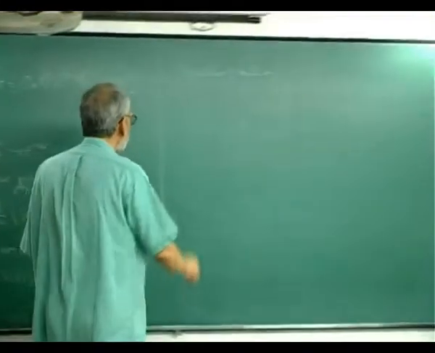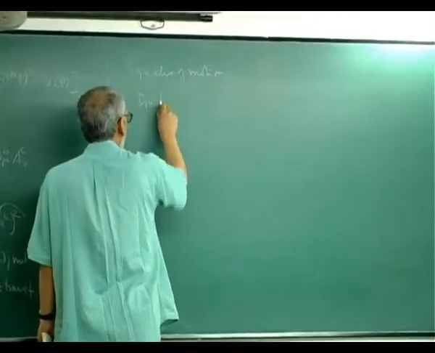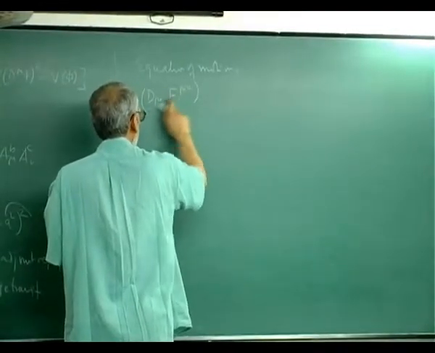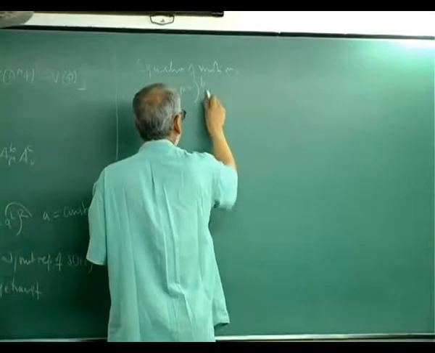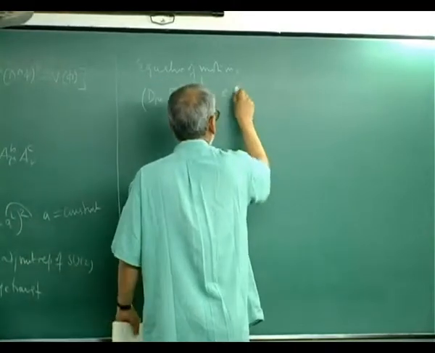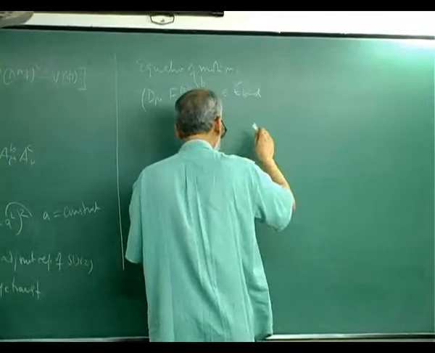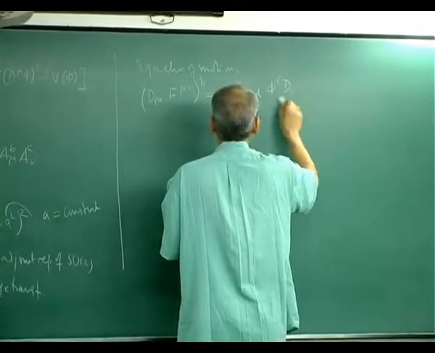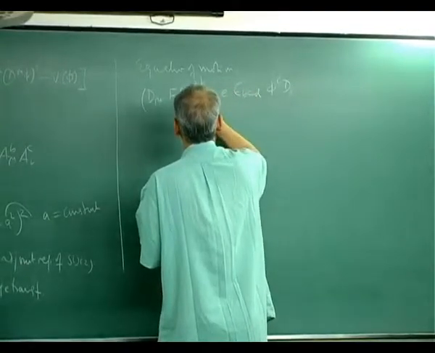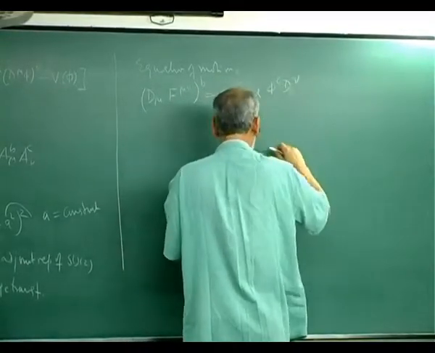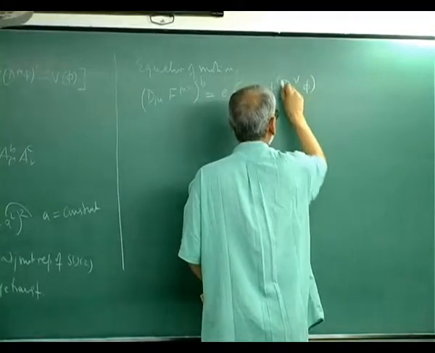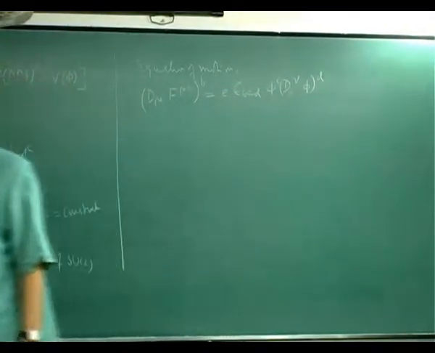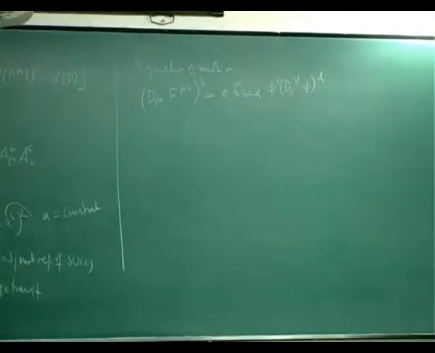The covariant derivative of the field strength, D mu F mu nu B, is E times epsilon BCD phi C covariant derivative nu of phi D. Now I have not used A as a label to avoid confusion.